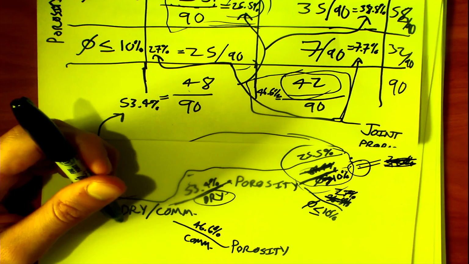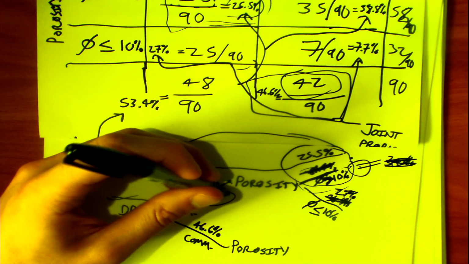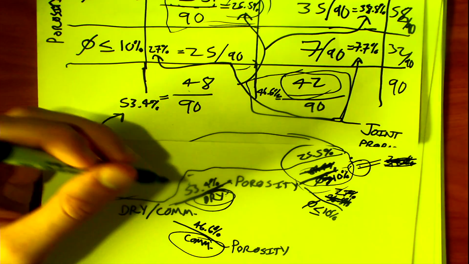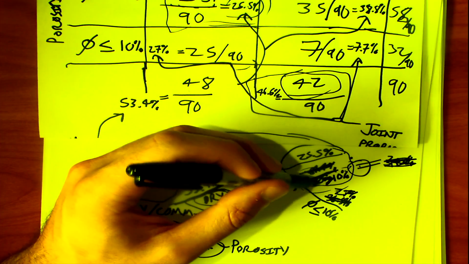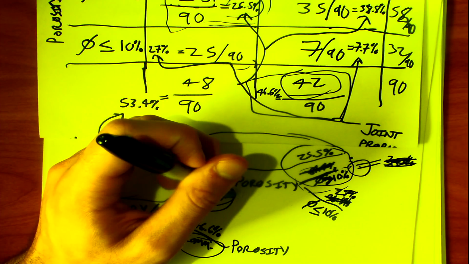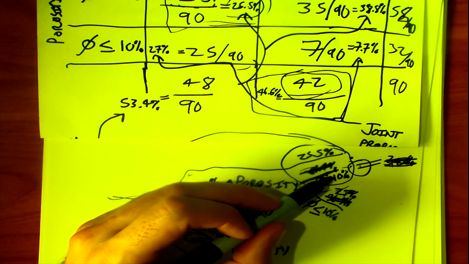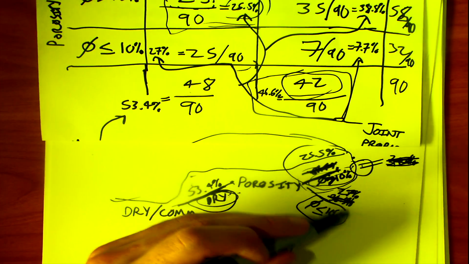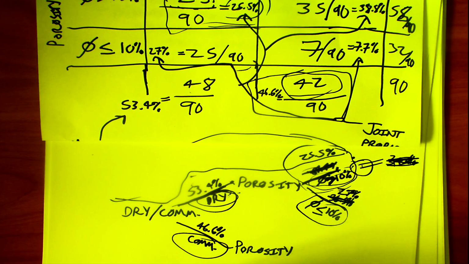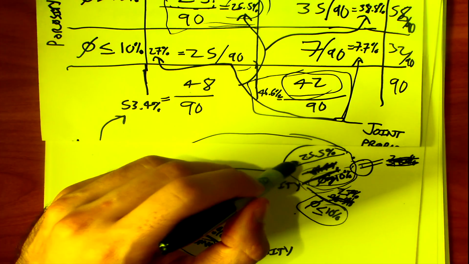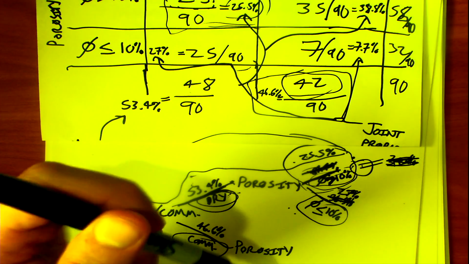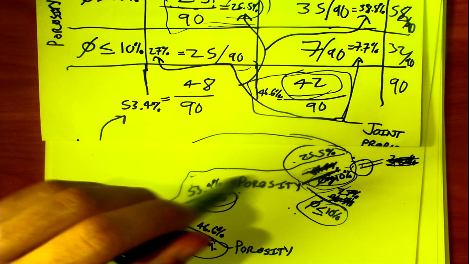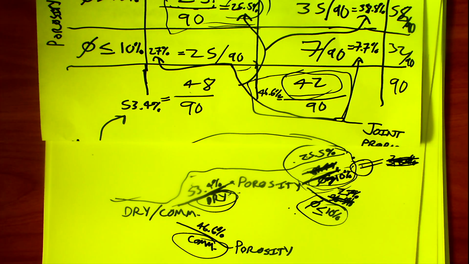Here we're starting out only looking at dry wells versus commercializable wells. And then we're looking at, inside of all dry wells, what the probability is of getting a porosity greater than 10% or a porosity less than or equal to 10%. That's how you label the probability of the different branches. And you can walk back through and multiply things out and see what your chances are of getting a particular outcome.